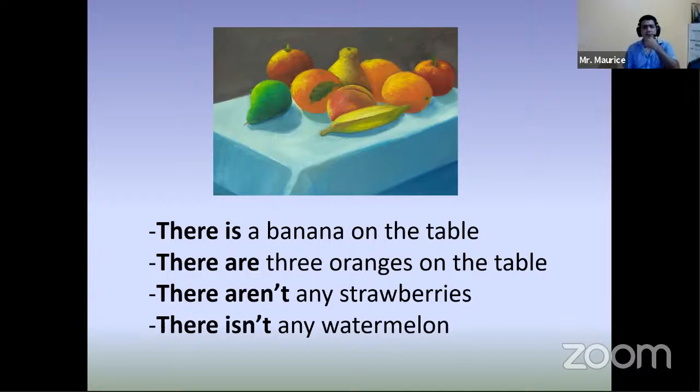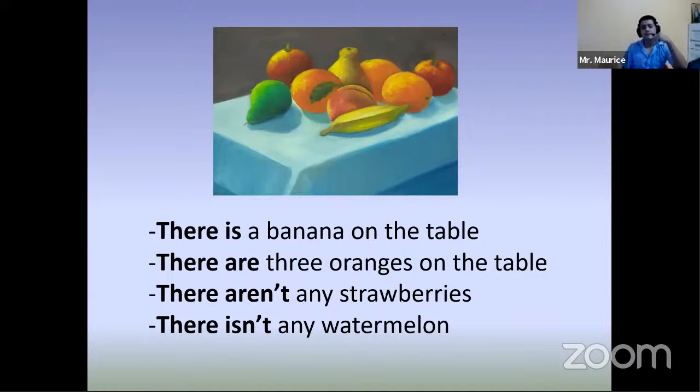Entre las frutas tenemos algunas que hay solamente una, hay otras que hay más de 2 y hay otras que no están. Entonces ya para yo describir esto y decir hay un guineo o hay dos naranjas, pues tenemos que utilizar la estructura there is and there are. There is singular, there are plural. Negative, there isn't. Negative, there aren't.